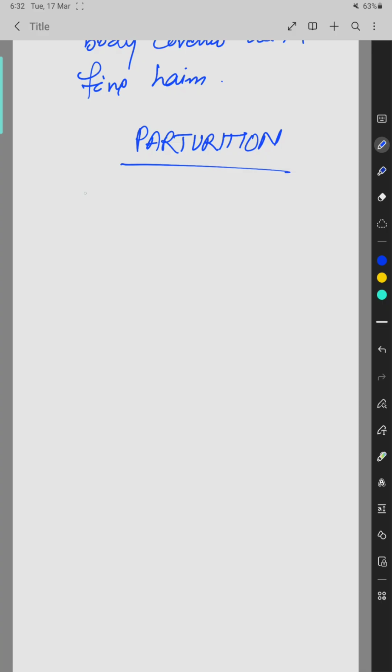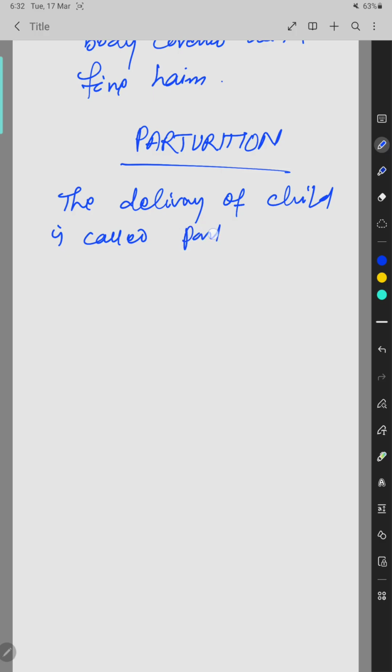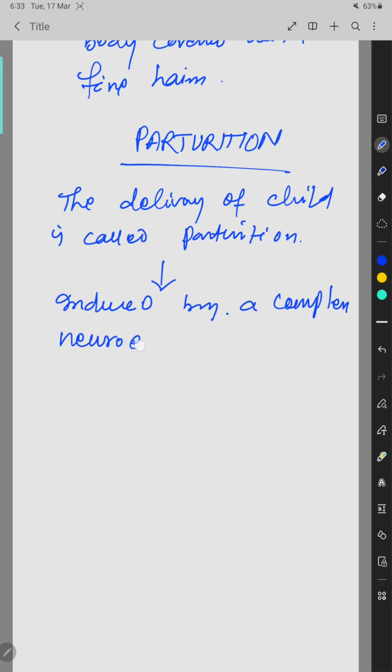Okay, so the delivery of a child is called parturition. Okay, and it is induced by a complex neuroendocrine mechanism.